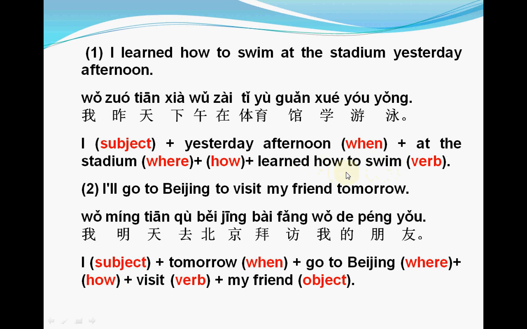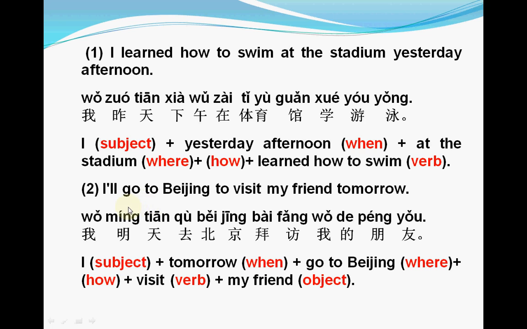How to swim is the object, okay? So if we translate this sentence to Chinese, it should be 我 I, 昨天下午 yesterday afternoon, 在体育馆 at the stadium, 学游泳 learn swimming or learn how to swim. 我昨天下午在体育馆学游泳. Subject, when, where, and verb and object.